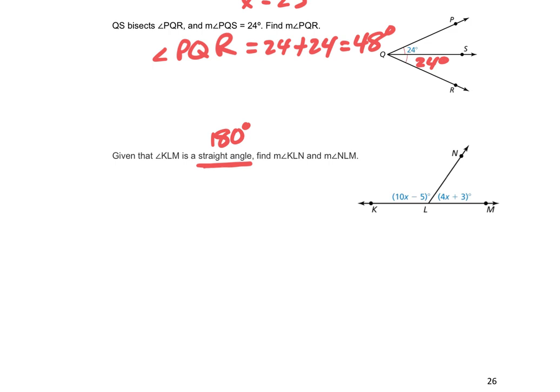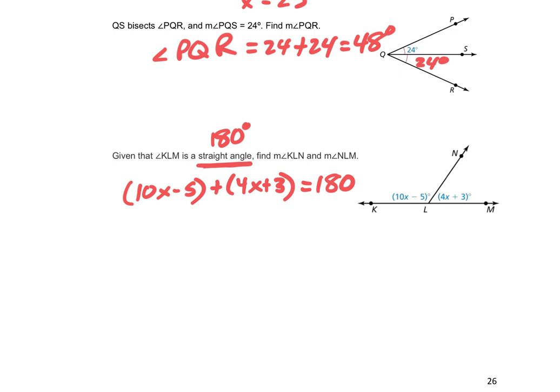I'm not going to work this whole thing out with you. I'm just going to show you how to set it up. 10x minus 5 plus 4x plus 3 equals 180. Okay. And then you could go through the work. You could solve for x, and then you could find the angles.